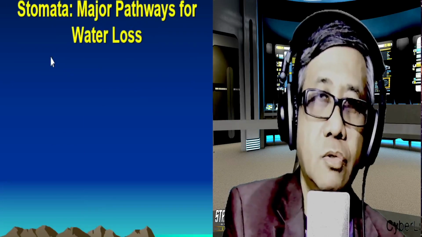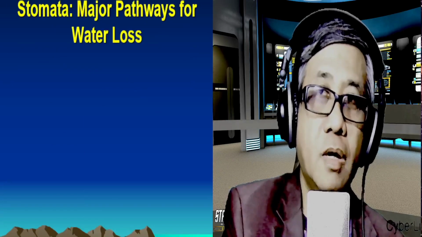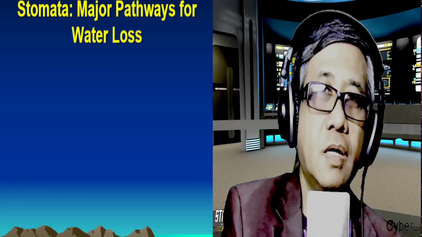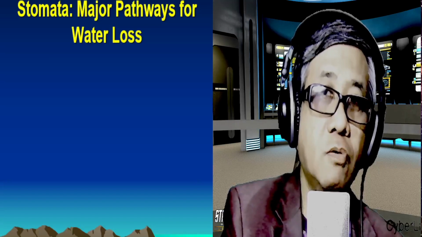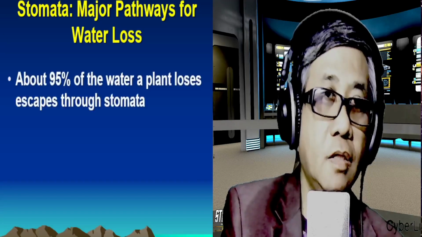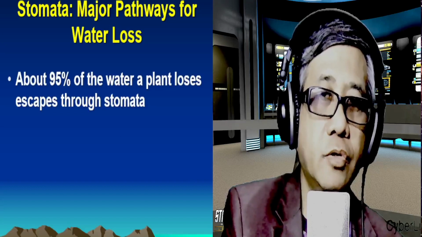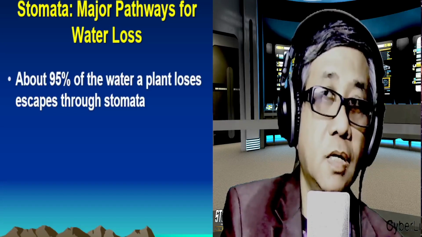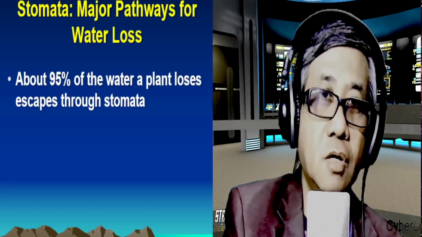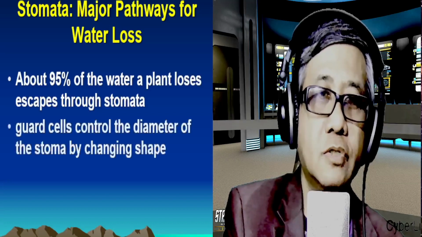So the water evaporates and escapes through the stomata. The stomata is one of the major pathways for water loss. In fact, about 95% of the water a plant loses escapes through the stomata. So the stomata regulates this water loss.